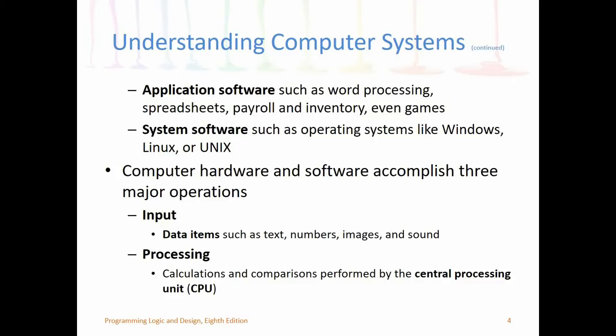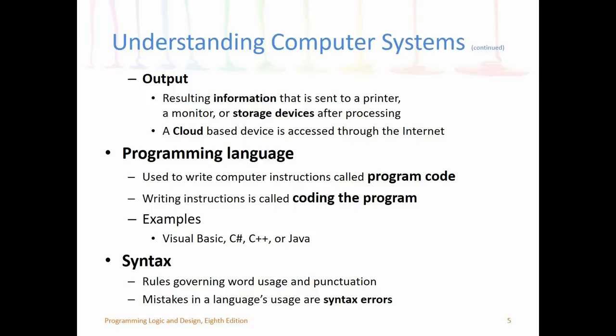Then after we have the data inside the computer, the second operation starts, which is processing, which is the calculations, algorithms and mathematical calculations that what we call the central processing unit performs. CPU, the brain of the computer.